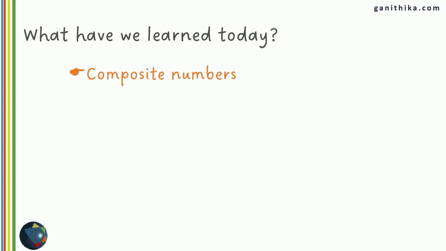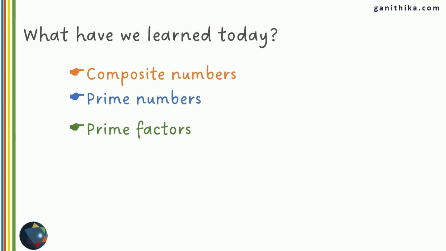What have we learned today? Composite numbers, the numbers which can be written as a product of two numbers other than 1 and itself, which are divisible by more numbers than 1 and itself. We can put it in that way. Prime numbers, which can be divided only by 1 and itself.